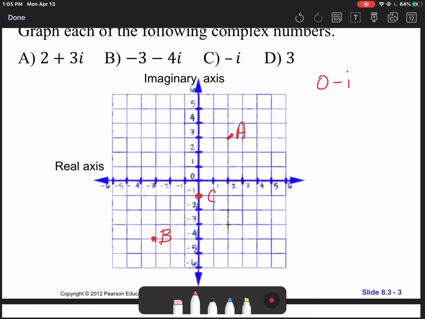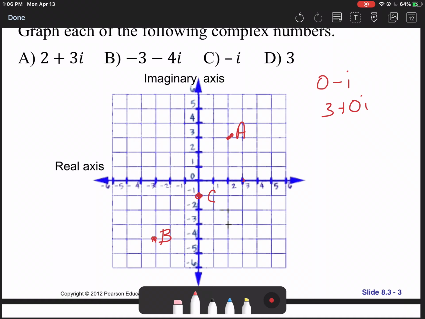Similarly, letter D, the number 3, a purely real number. Now, you could write that as a complex number with an imaginary part, but the imaginary part would be 0, because there is none. So I could plot this in the form of an ordered pair, 3, 0.